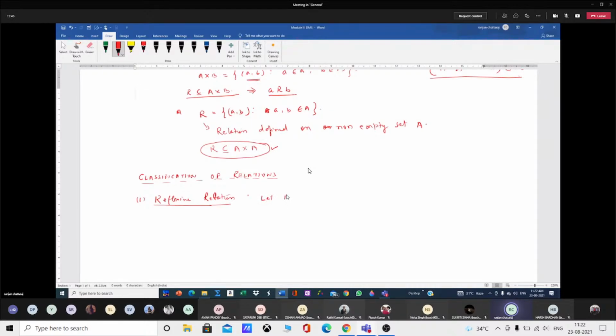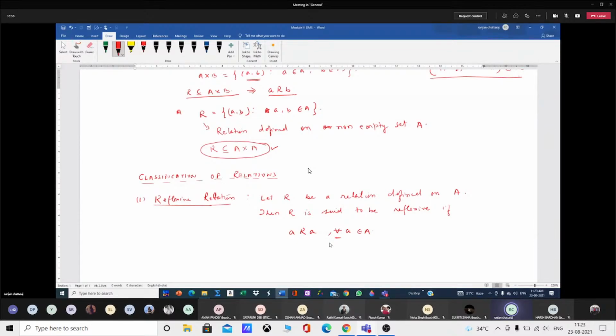Let R be any relation defined on A. Then R is said to be reflexive if a is R related to a, and here we use the universal quantifier, for all a belongs to A. This is very important.